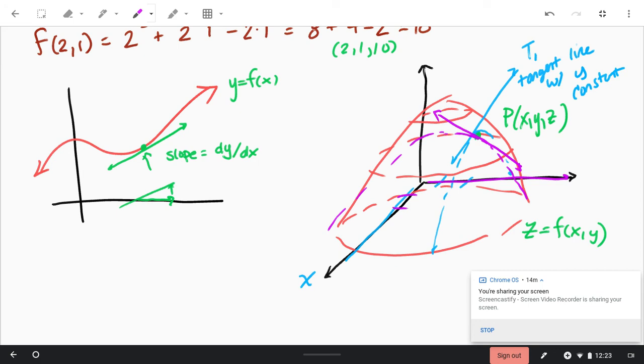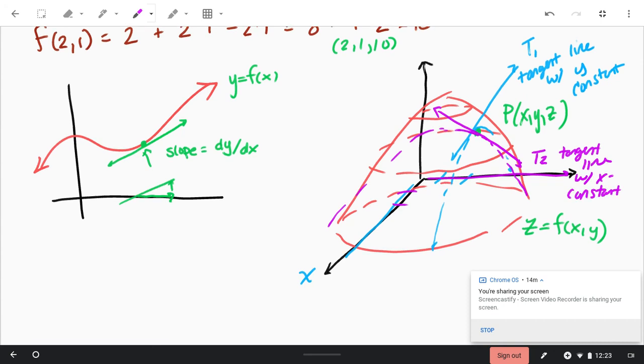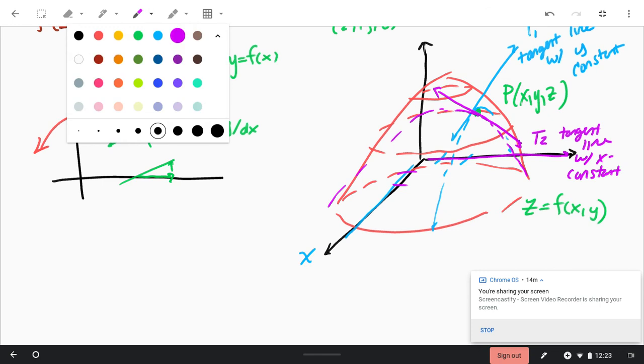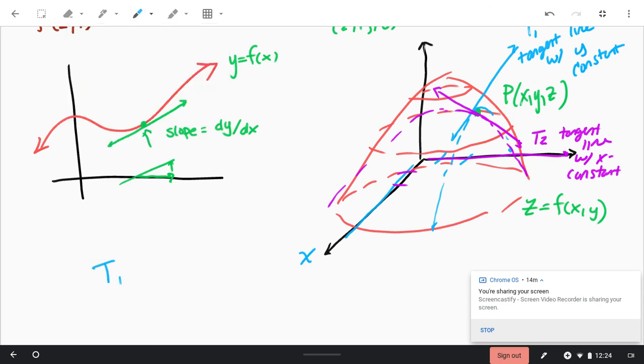We might call that T2, the tangent line with x constant. T1 is parallel to the x-axis, and the slope of T1 would be this partial derivative of z with respect to x.